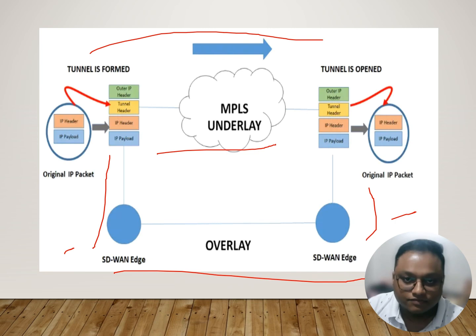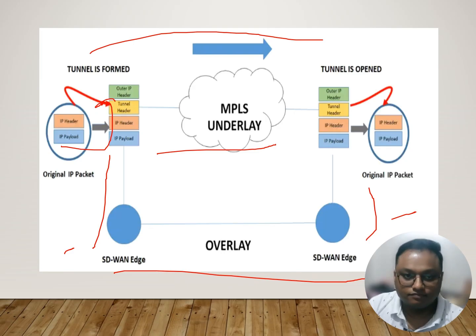In this example we can see the GRE tunnel is formed by the SD-WAN edge devices. The edge device adds a GRE tunnel header with a new outer IP header over the inner IP header, and the MPLS domain forwards based on the outer IP header. So this is what they are adding here.